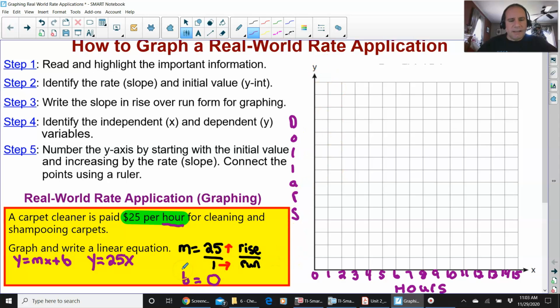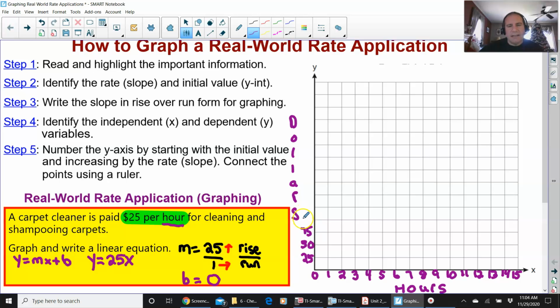What is my y-intercept? My y-intercept is 0, so that's what I start with right here. But now, how much did this carpet cleaner make per hour? 25. So that is the first number up, and I'm going to put 25 down. And since I'm rising, I'm going to rise 25 and run 1. I'm just going to continue to count by 25.